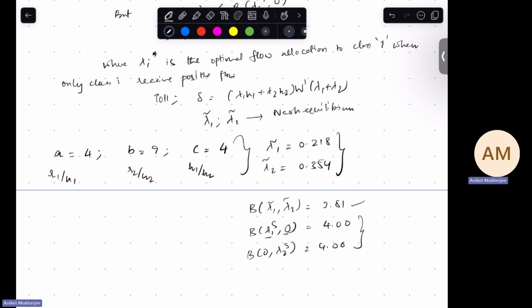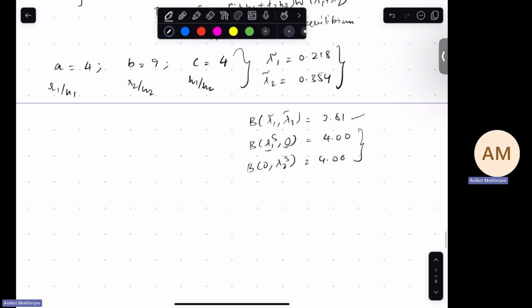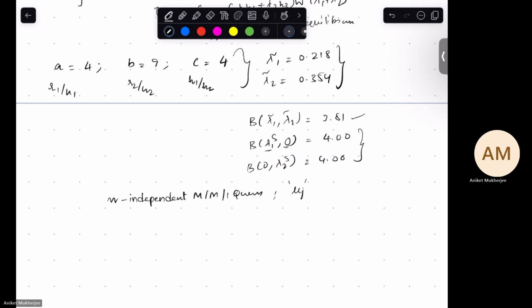Okay, so that is it for today's class. In the next class, we will see the case of parallel queues. So we have n independent MM1 queues with service rates mu j and arrival rates lambda j.